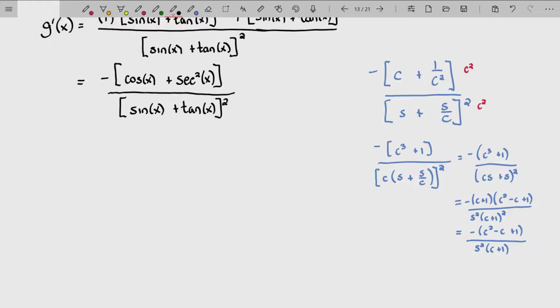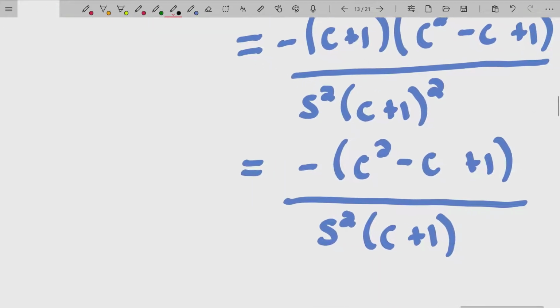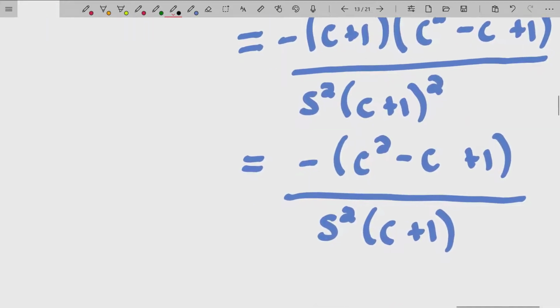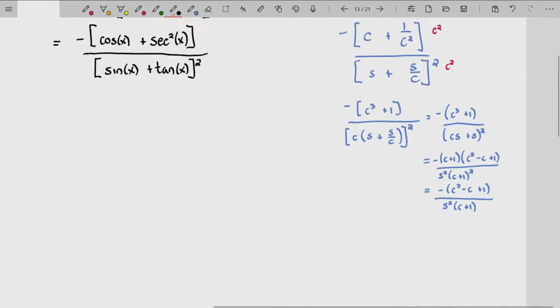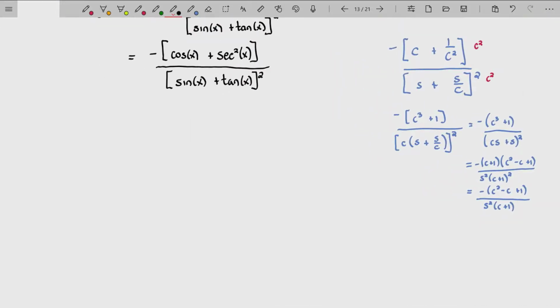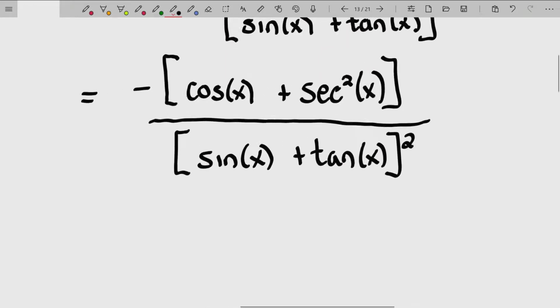And just to me, that's a very dangerous binomial to try to work with when you have other stuff downstairs. So you're more than welcome to have gone this route. It's the same answer. It's just, personally, I wouldn't have done it. So, yeah, I would probably leave it like this.